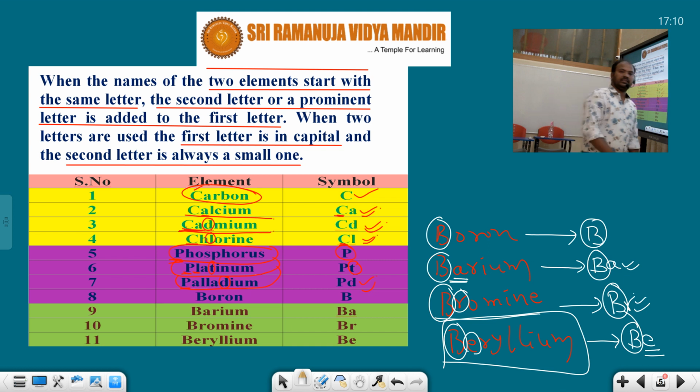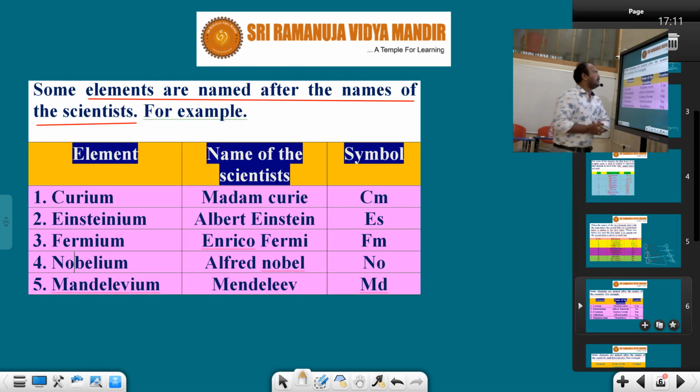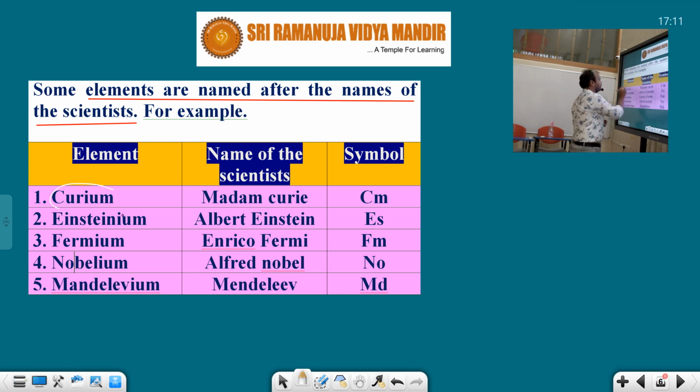And if you take another slide, have a look at it once. Some elements are named after the names of scientists. Scientists' names have been given to certain elements. What are those elements? One element is curium. This element's name is curium.